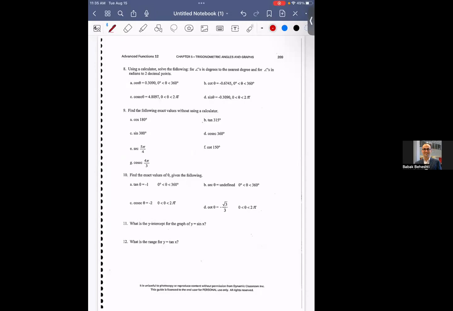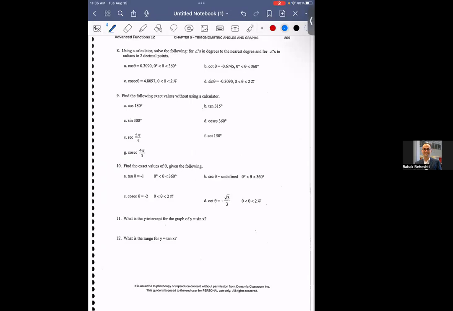Oh, what is the y-intercept? Y-intercept means when x is 0, what is the value of y? So let x be 0, then what is y? It is 0. So the y-intercept is 0.